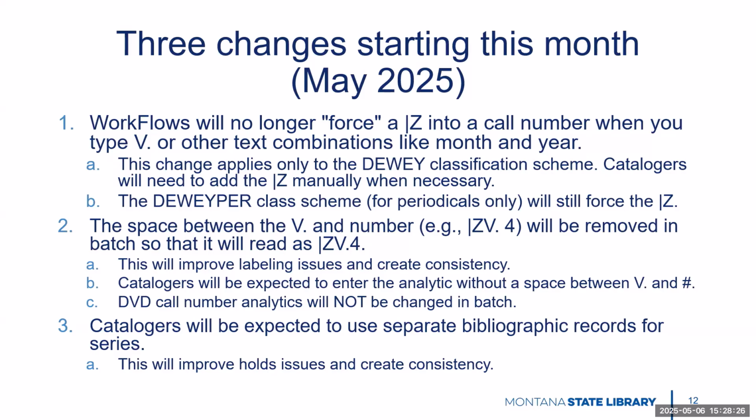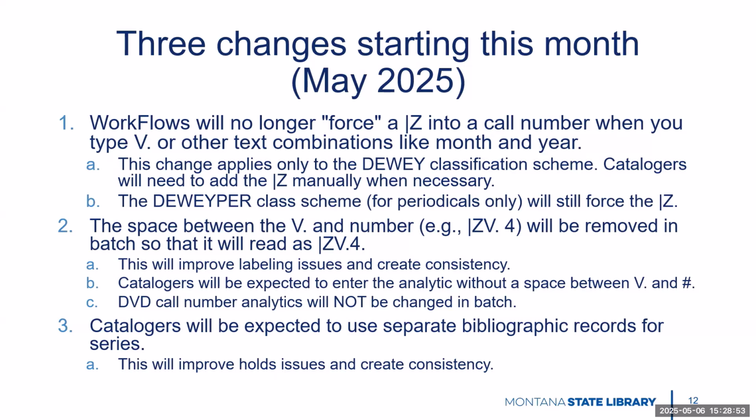Catalogers will be expected to enter the analytic without a space between the V period and the number. With one caveat here, we will not be doing batch changes of DVD call number analytics. I'm talking specifically when you think about your TV series. Those won't necessarily be changed in batch, but we do have guidelines for how to fix those, and I will be covering that as well.